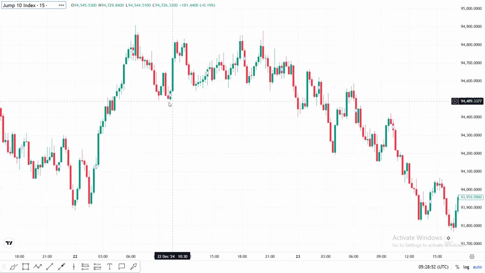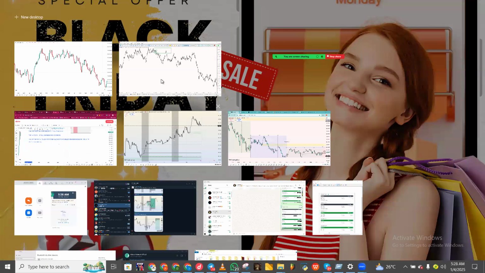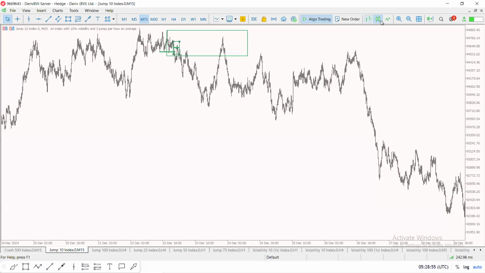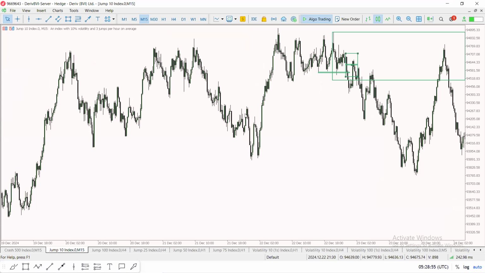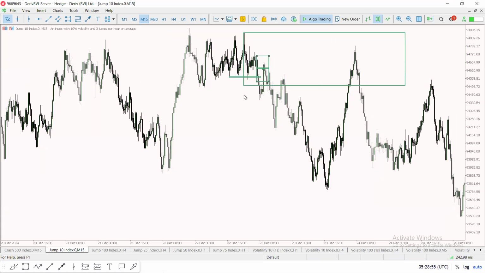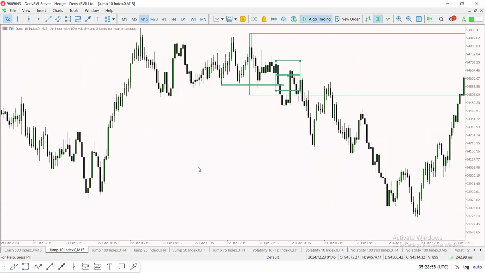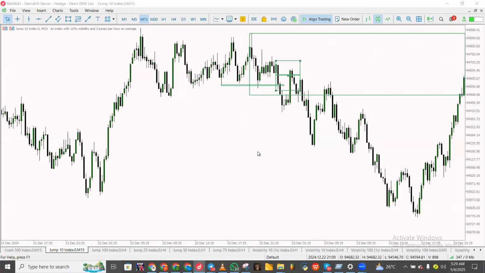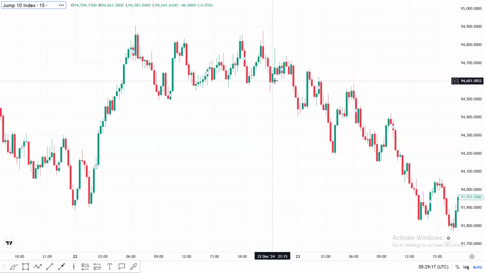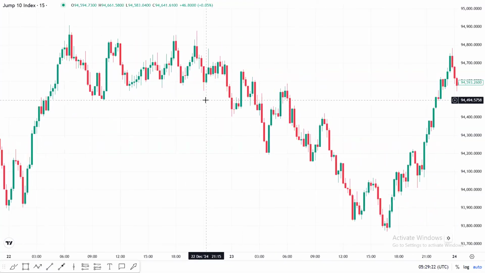So here we go. Let me just be sure it's the right one. Let's zoom in. But you could already see the magnitude. This was already a successful trade. It's just that 22nd December around 21:15. Good. All right, I think I have it.